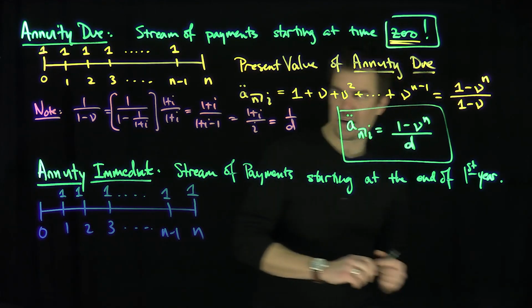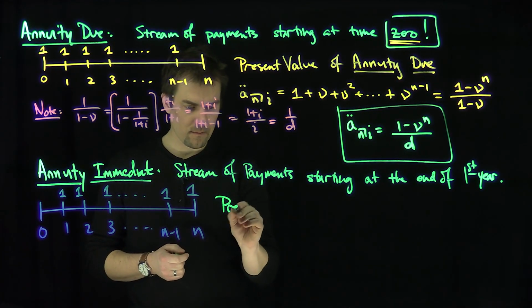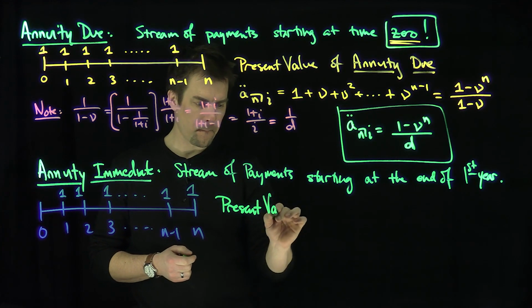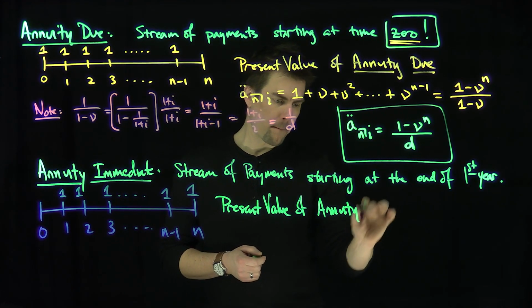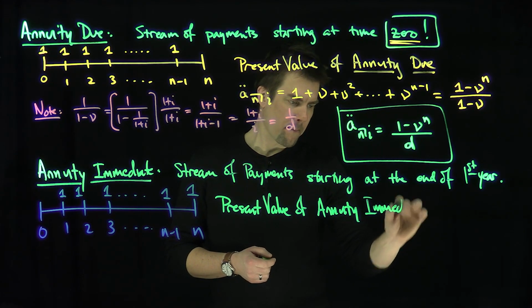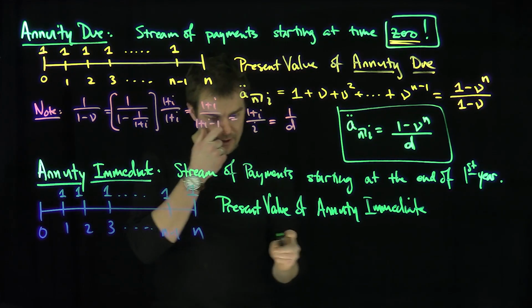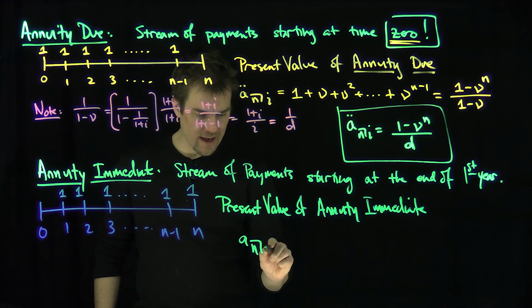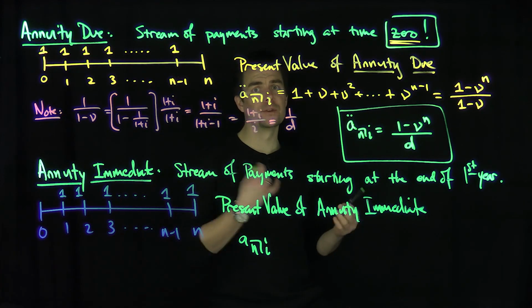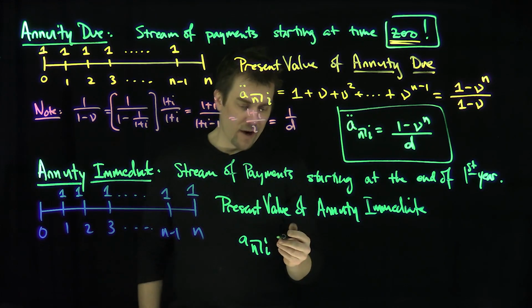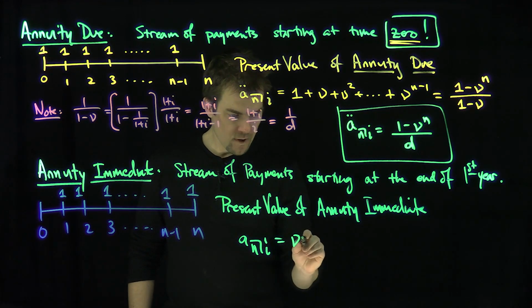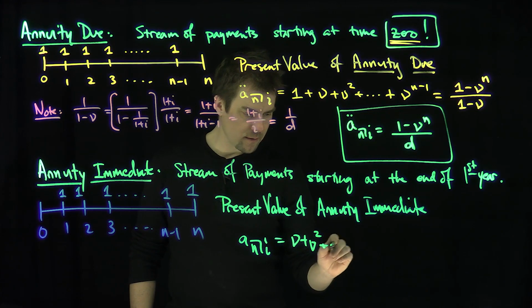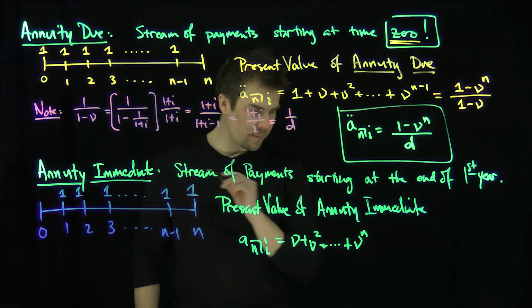So what's the present value going to be? The present value of an annuity immediate, we don't put dots over it this time. We just have a angle n i. And so what is a angle n i? It's going to be nu plus nu squared, all the way down to nu to the power n.